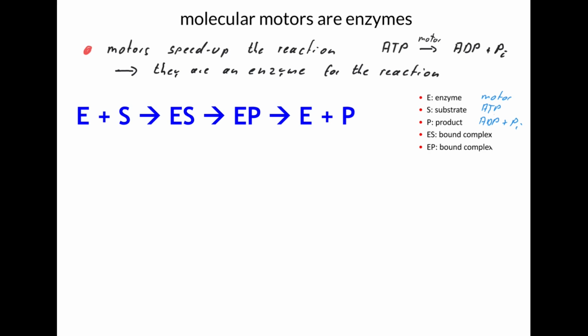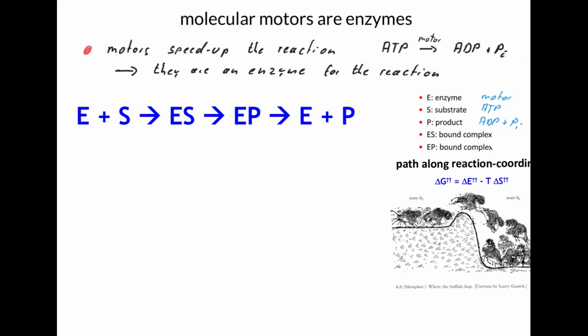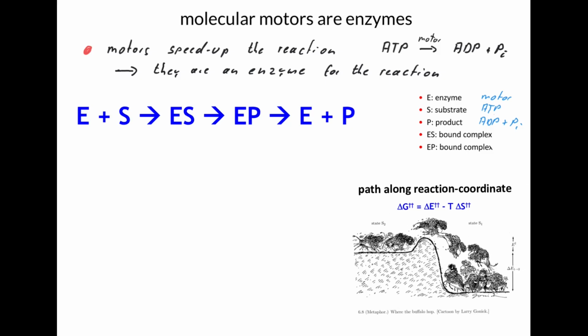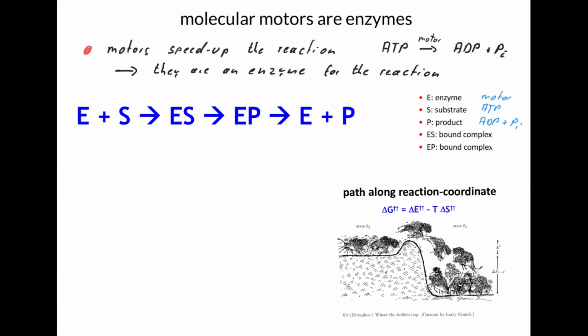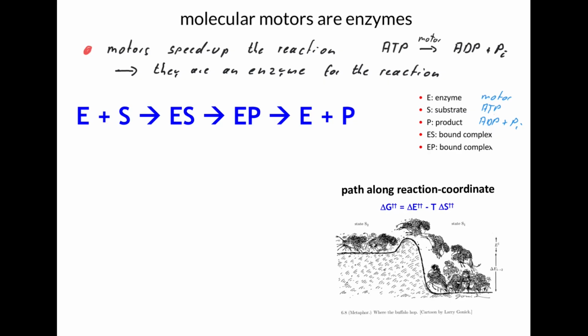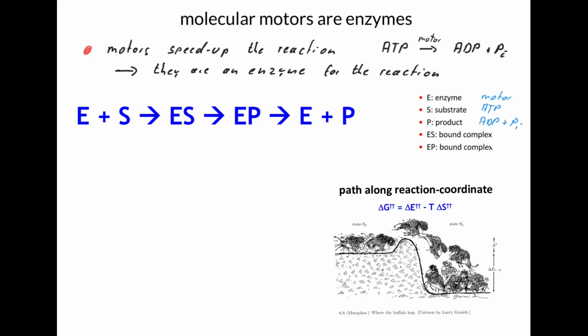In terms of the free energy, the reaction will follow a path along a reaction coordinate. So that's a picture that you have been discussing in Physics of Life 1. Now just showing here some buffaloes which are running along a plane and just fall into a trap.